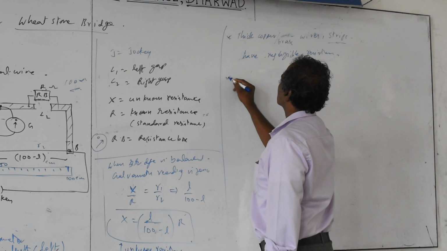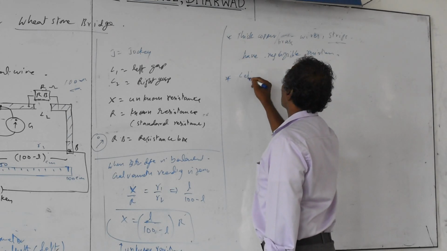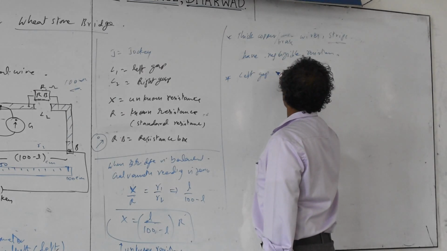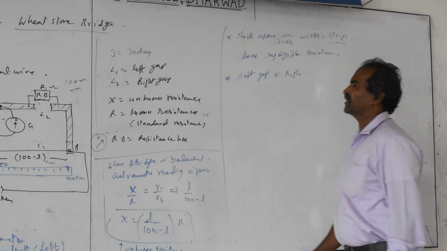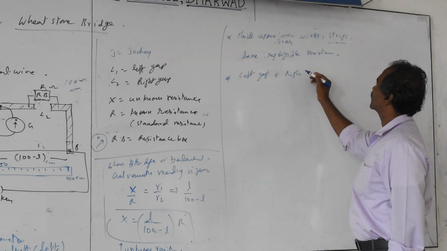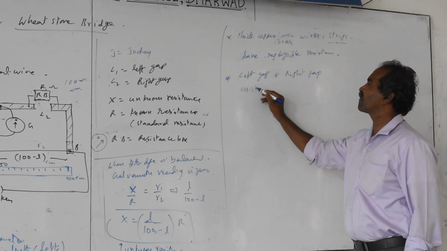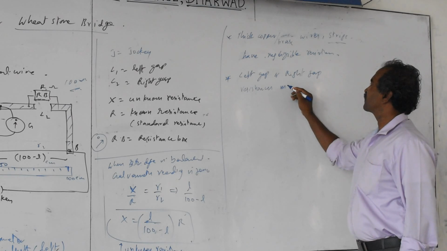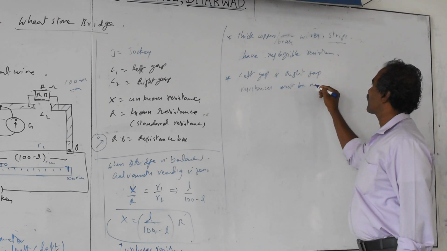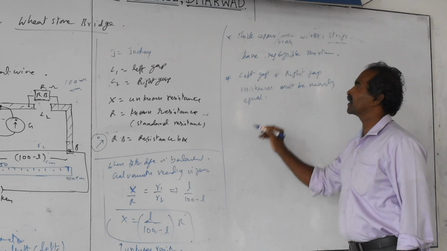Next thing is that the left gap and right gap resistances should be nearly equal. These are the important precautions, but you will not be asked, but you must know them. Resistances must be nearly equal.